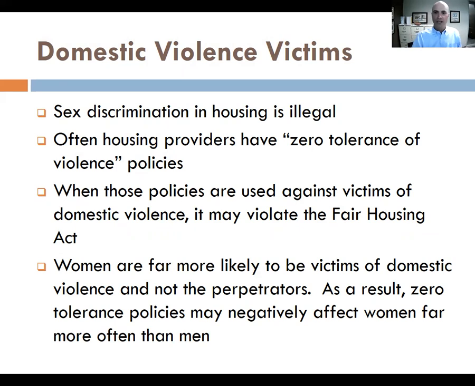Under that body of law, a victim of domestic violence can seek certain remedies, such as bifurcating a lease so that the perpetrator of domestic violence can be evicted, and in some occasions, an emergency transfer if that property has an available unit to which they could be transferred.